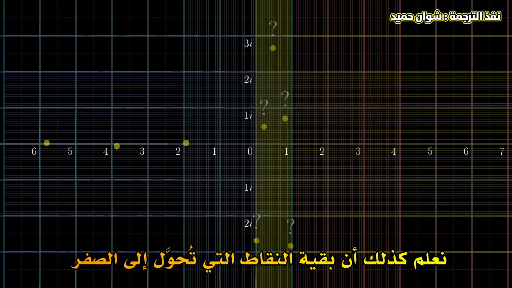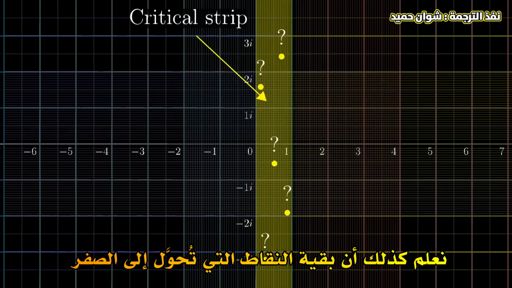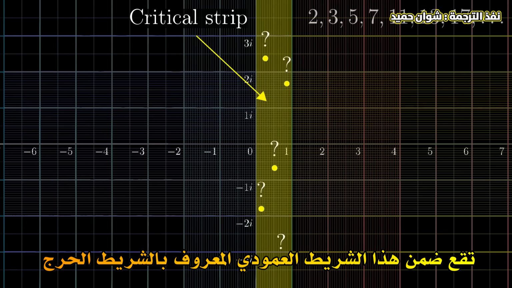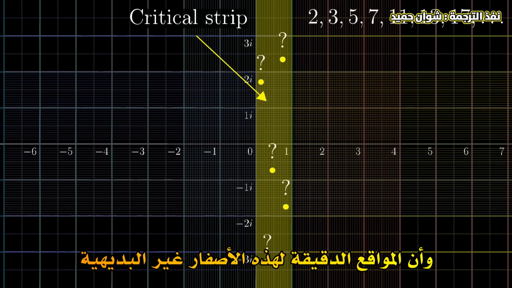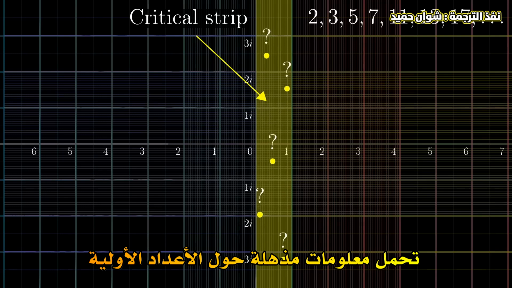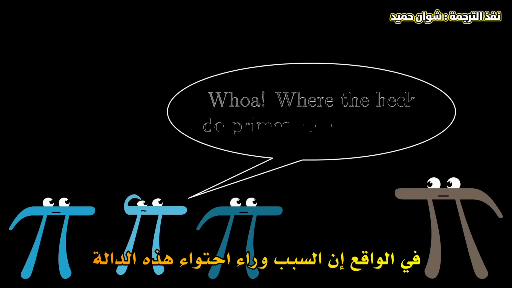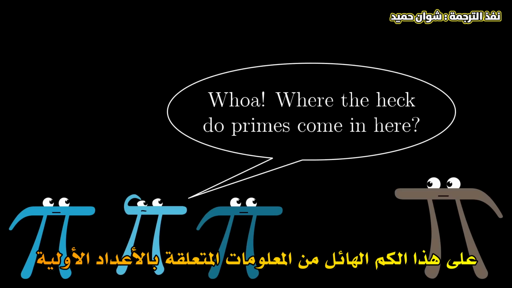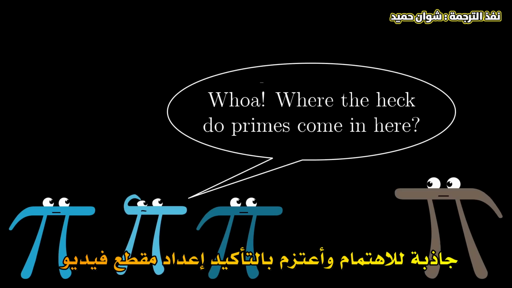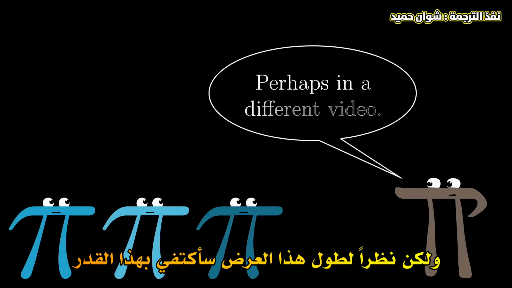We also know that the rest of the points that get mapped to 0 sit somewhere in this vertical strip, called the critical strip, and the specific placement of those non-trivial zeros encodes surprising information about prime numbers. It's actually pretty interesting why this function carries so much information about primes, and I definitely think I'll make a video about that later on, but right now things are long enough, so I'll leave it unexplained.